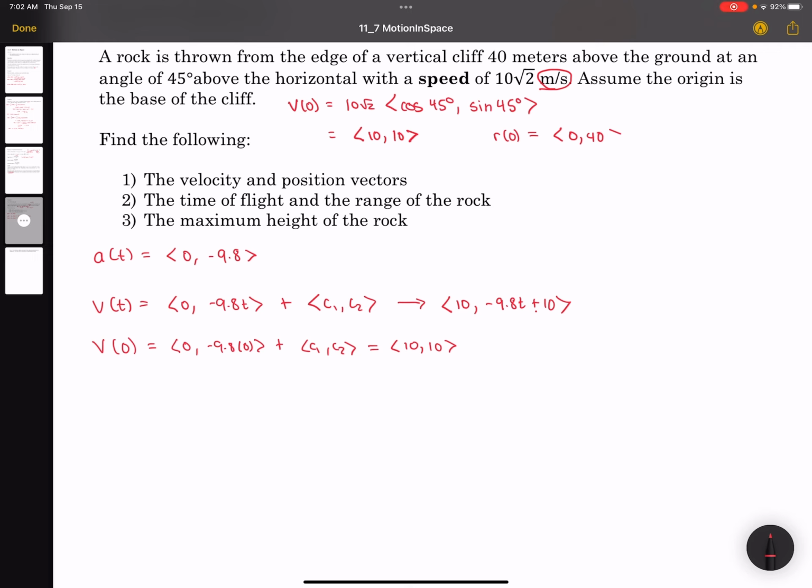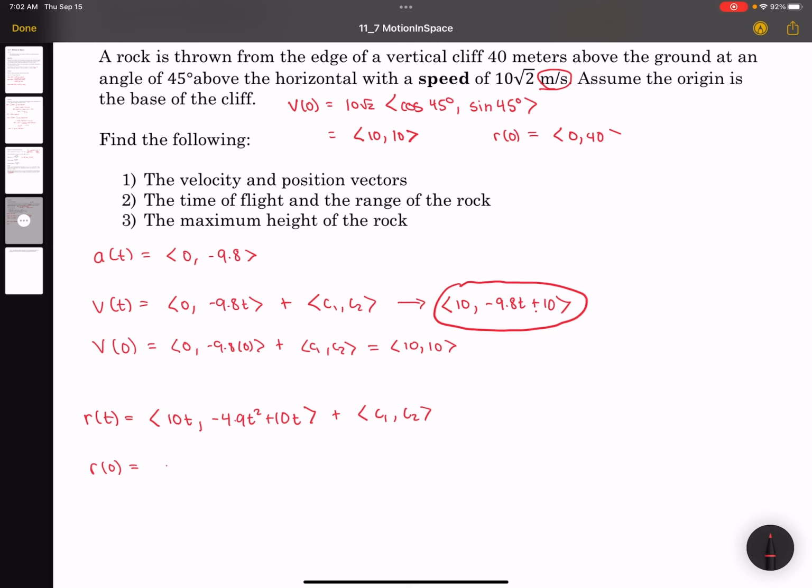And next, our position vector is going to be the antiderivative of that vector. And so that's going to give us 10t. For the t, we get t squared divided by 2, but then negative 9.8 divided by 2 is going to give us negative 4.9t squared plus 10t. And then we have to consider that we may not be starting at the origin. So when t is 0, r of 0, we're supposed to get 0, 40.